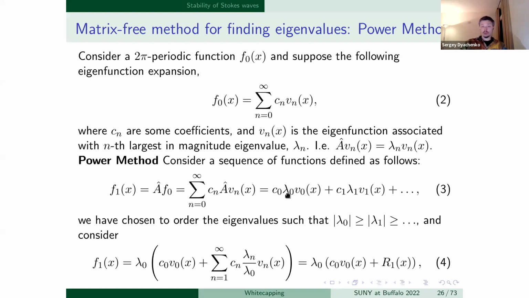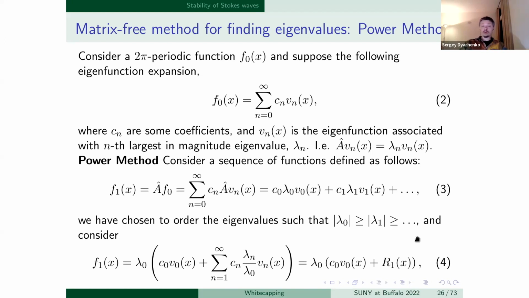Note that lambda naught is the largest eigenvalue in magnitude, lambda 1 is smaller, lambda 2 is smaller than lambda 1, and so forth. And if you factor out the coefficient lambda naught, you would get a C naught V naught plus a sum in which the coefficient lambda n over lambda naught appears. So you'll get lambda naught times C naught V naught plus some remainder after one application.